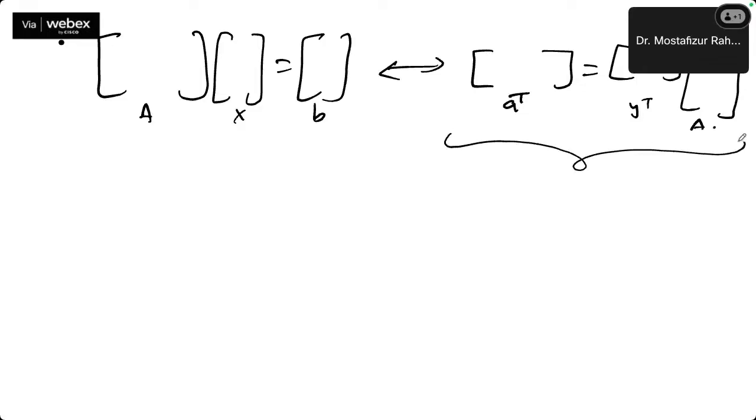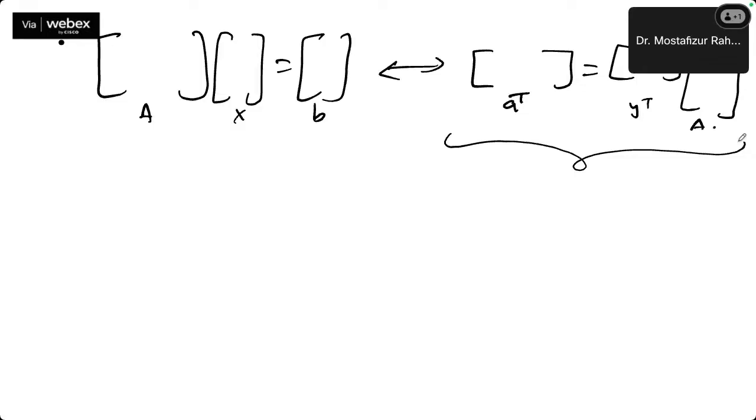Because my system might not always be square, and might not always be full column rank or full row rank. Whatever the problem statement, the number of unknowns may be more than the equations, less than the equations, or equal to the equations. So accordingly we have to look where the maximum number of rows or columns lies, and accordingly find a solution for the system. I'll come to the solution part.